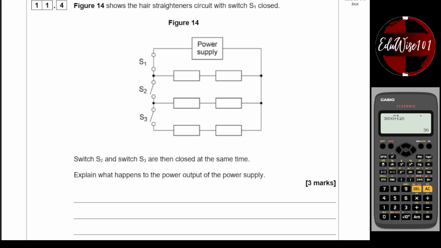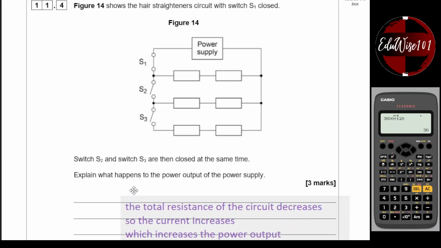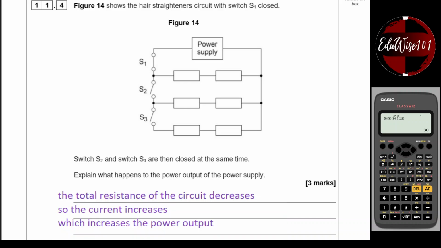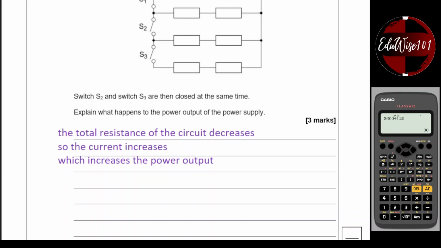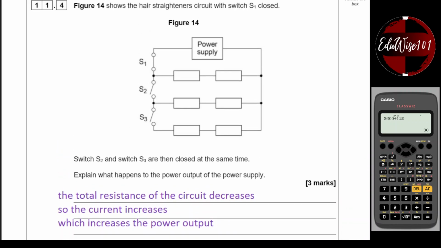So here's the answer. The total resistance of the circuit decreases. That bit you should know, but you don't really need to know how it's actually worked out. When you have resistors in series next to each other, then the resistance adds up.